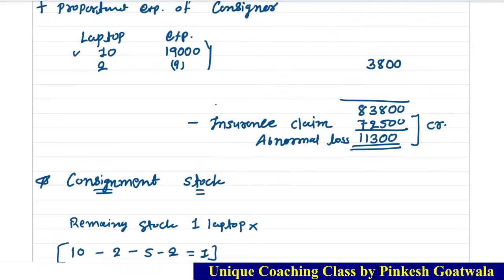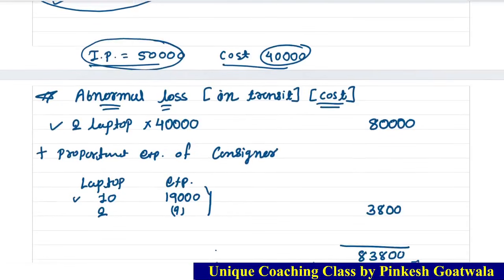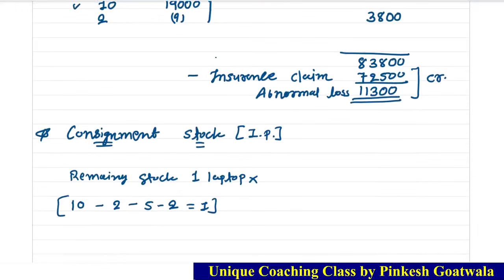Which price will we consider? Invoice price. So make this habit: when you give the heading stock, in a bracket write invoice, and for the loss in a bracket cost. Whenever you do calculation, make a habit of the bracket so that if you forget, you remember. So here invoice price is 50,000, one laptop each of 50,000.